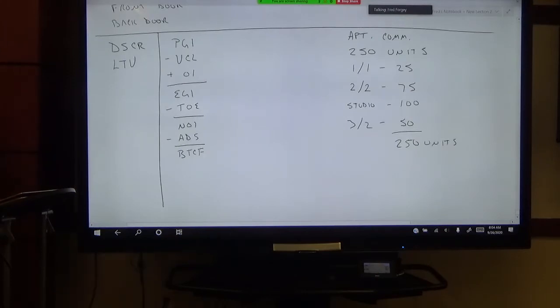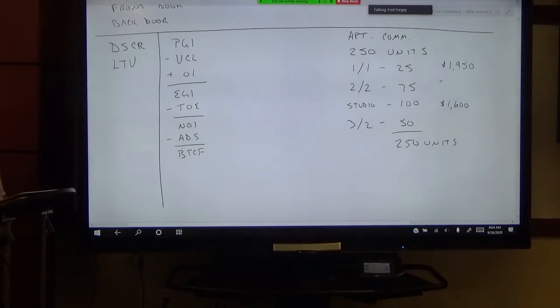All right, now, the rental rate per month for each of these. Okay, you're the ones that gave me these, so give me a rental rate per month. We'll start with the studio. 16. Okay, 1 bedroom. 1950.